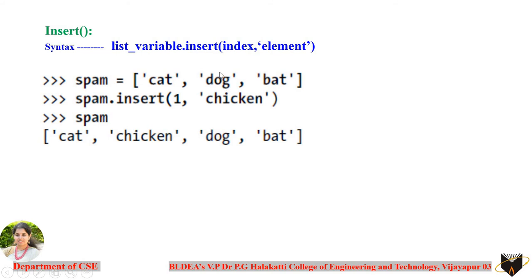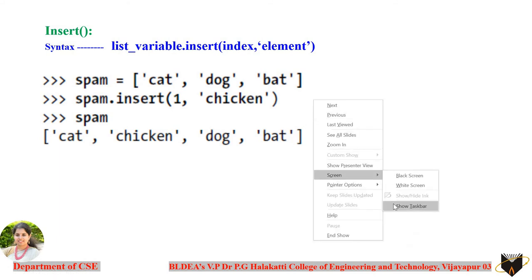At the 1 position, the existing list had dog, but now the new element chicken has been inserted, followed by the rest of the elements. Whenever you add a new element, the next elements of the existing list are moved one index position more. You can see dog has been moved to index 2, bat has been moved to index 3.